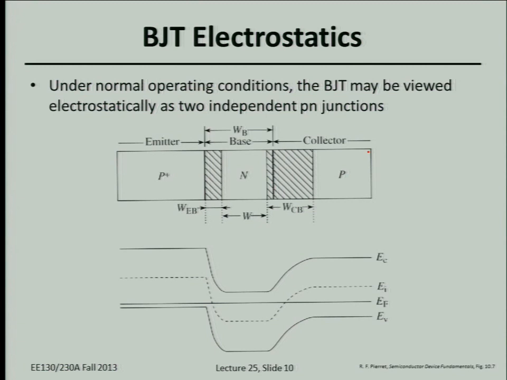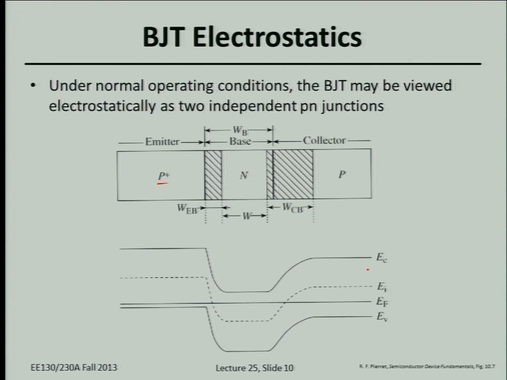We have p-type material on the left, so the valence band is closer to the Fermi level. So this is P plus. Then in the collector, we have p-type material, not as heavily doped as the emitter. Notice the valence band is closer to the Fermi level than the conduction band, because it's p-type. It's just less heavily doped p-type collector than the emitter.